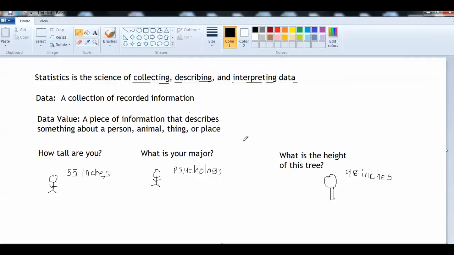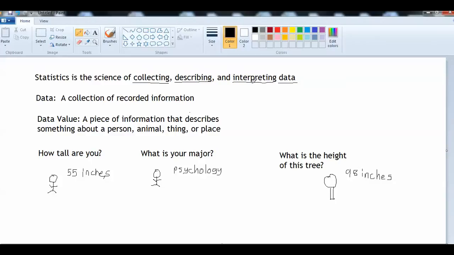For example, let's say I wanted to know if people who spend more years in college actually end up making more money after they graduate. I could do a survey on that, and I could ask a group of people, how many years did you spend in college, and how much money are you now making?